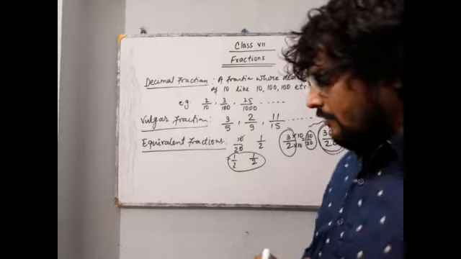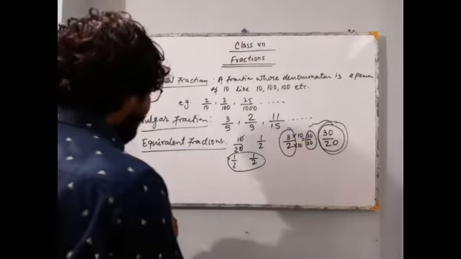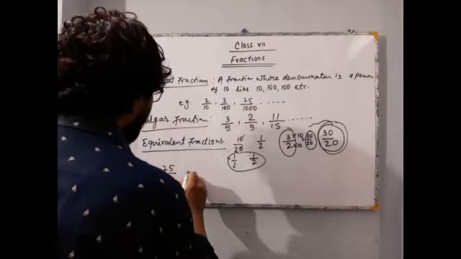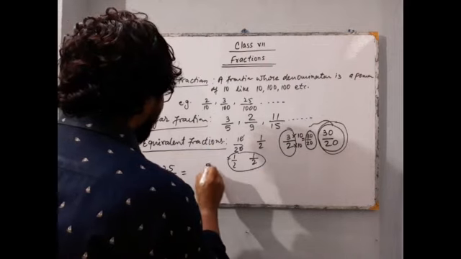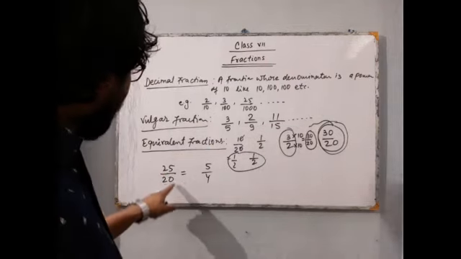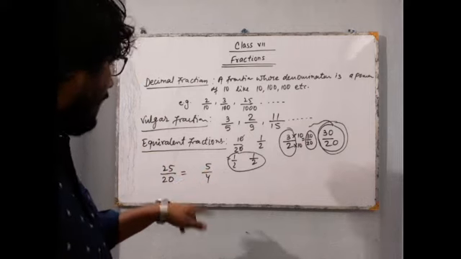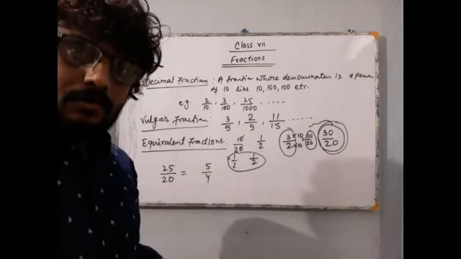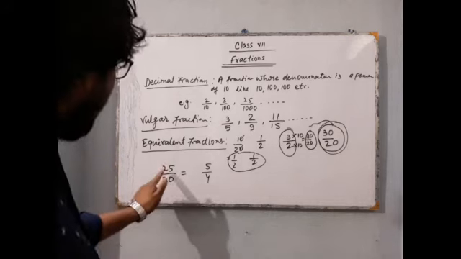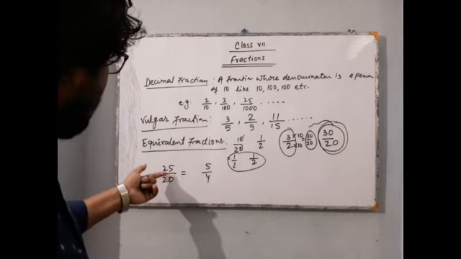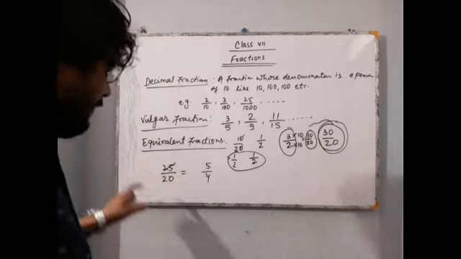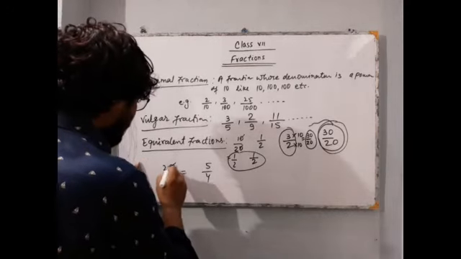Got it? Okay. If we write 25 by 20 and write 5 by 4, and I ask are 25 by 20 and 5 by 4 equivalent fractions or not, then what is your answer? It must be yes, because at first we have to simplify this fraction.